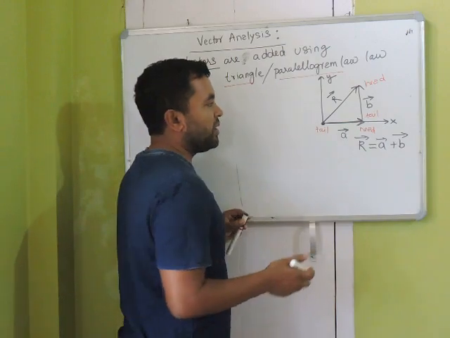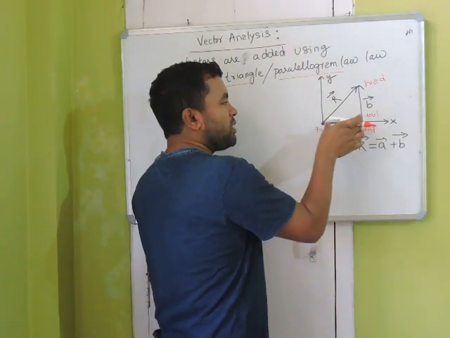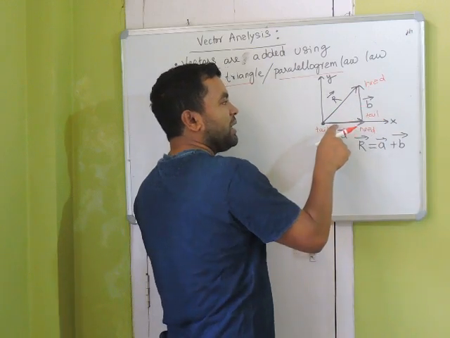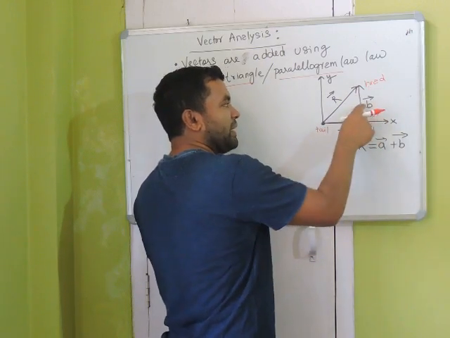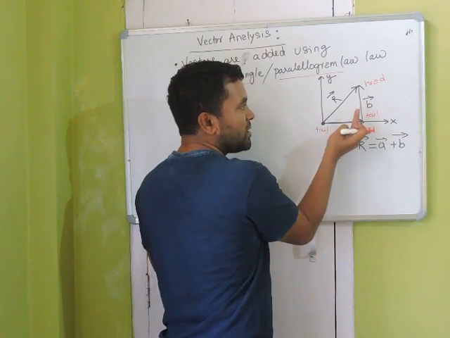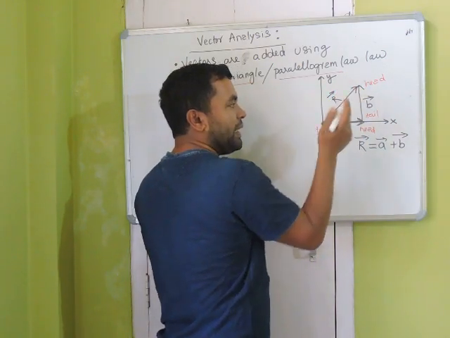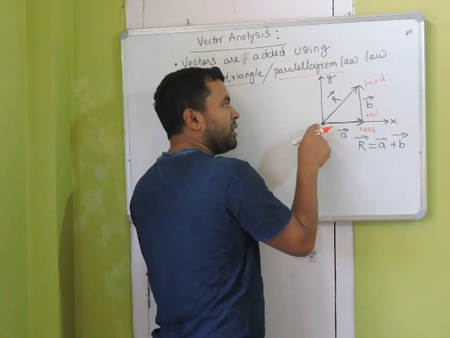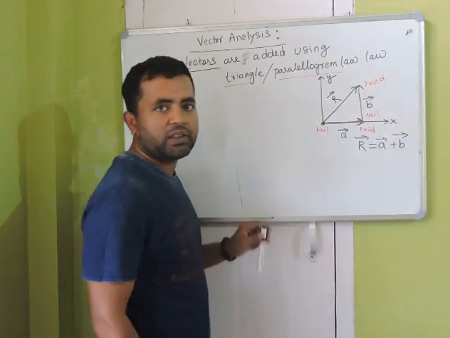So again I am repeating, if you represent two vectors in such a way that they represent adjacent sides of a triangle taken in order, in the sense that it is going like this and it is going like this, then the resultant is drawn from the tail of the first vector to the head of the last vector.